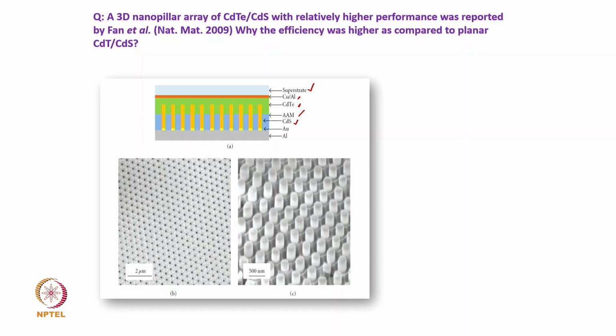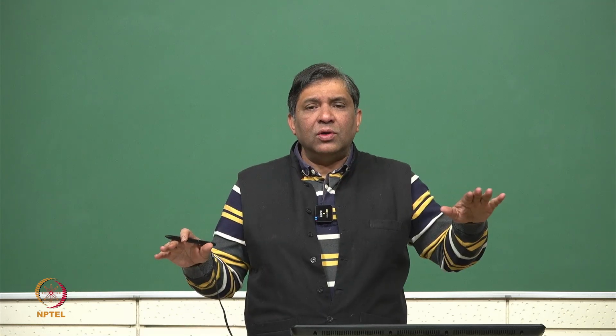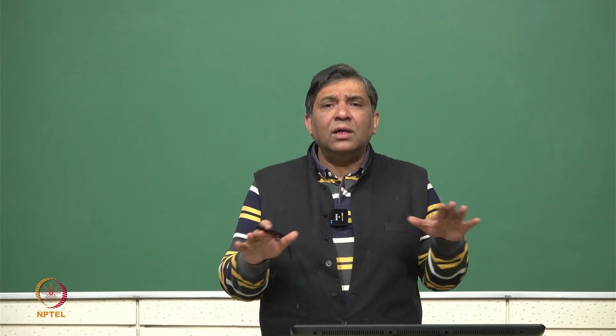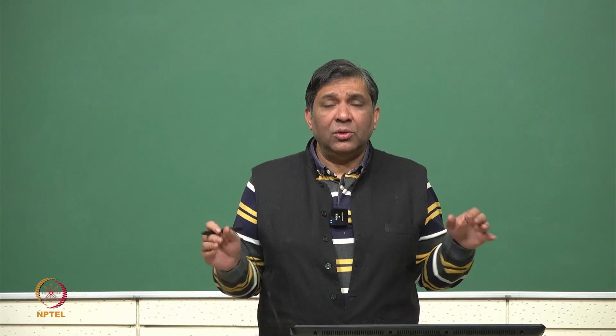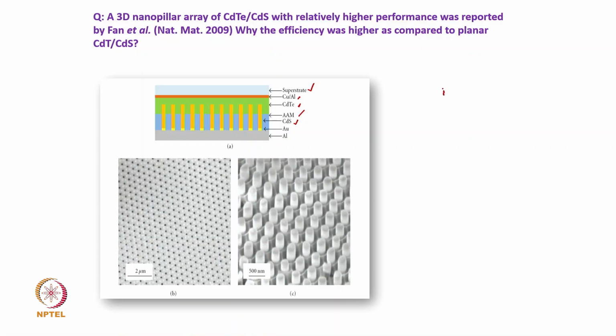Now the question is, what is the advantage when we grow such a structure? The advantage is, when we grow a nanopillar kind of structure and not a continuous film, we have better transmittance, because the dimension of the nanopillar is quite small.